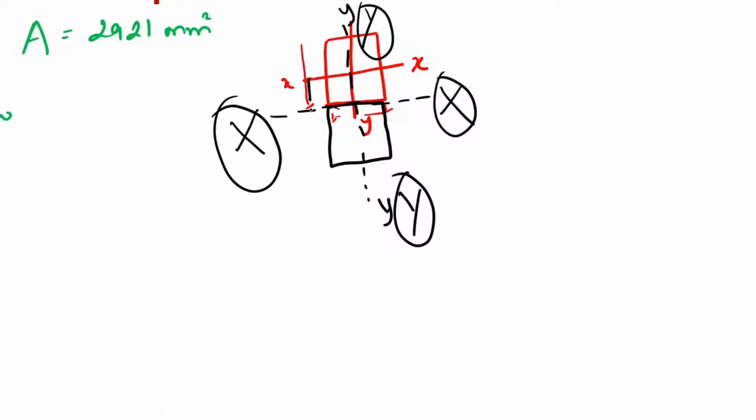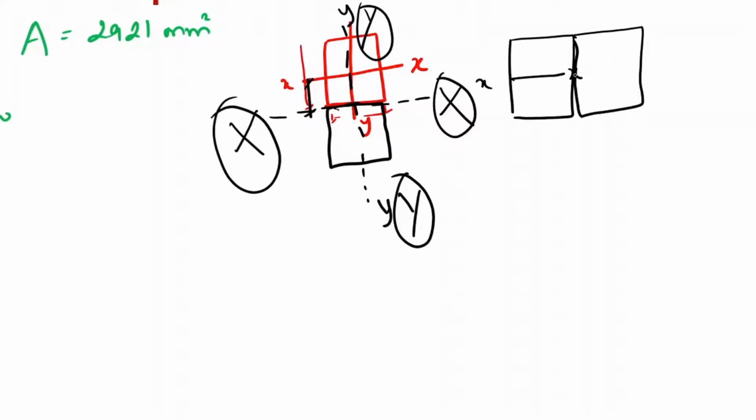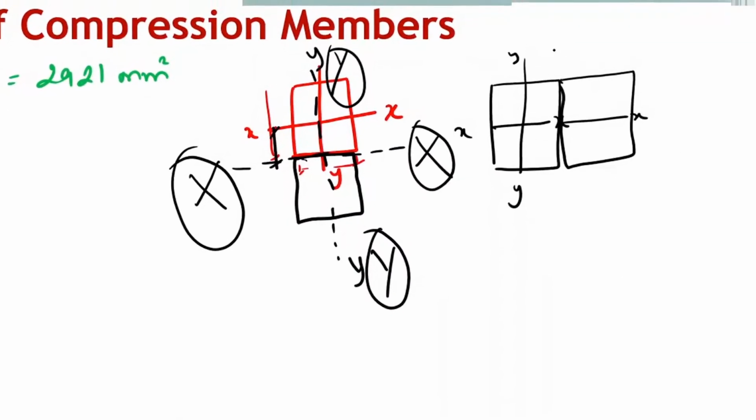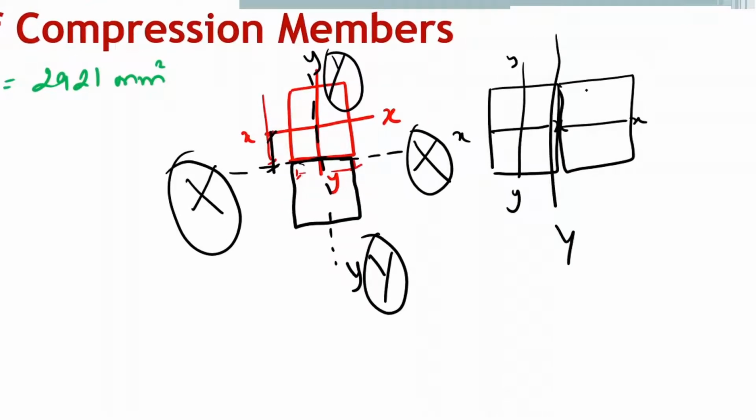Now the X axis has shifted, not Y, because the member has been added along the X axis. If this is the area, and you add one more area to its right, then XX will remain at the same place and YY will shift from this point to this point.